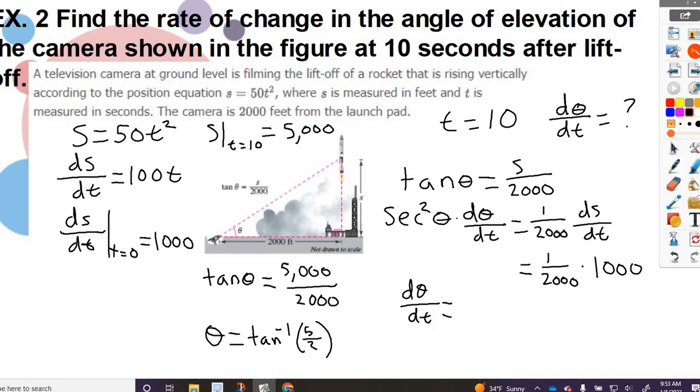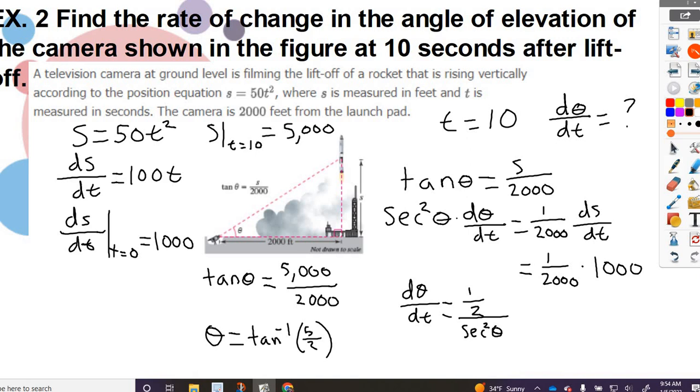So this is 1/2, agreed? And I'm going to be dividing by secant squared of theta. Yes? So then I'm just plugging all of this in. Okay? So I would plug in 1/2 divided by secant of tangent inverse of 5/2, and then you're going to square that denominator.